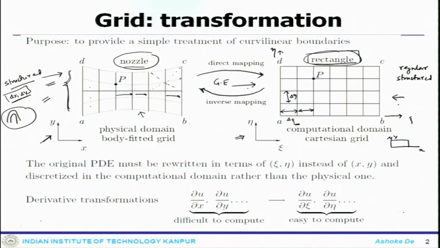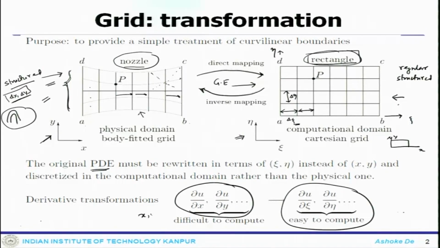And how do you do that? All these PDEs essentially consist of some sort of derivatives, whether the first derivative or the second derivative. So, you need to transform these derivatives, which are the core ingredient of your PDEs or the governing equations, to the xi eta system.